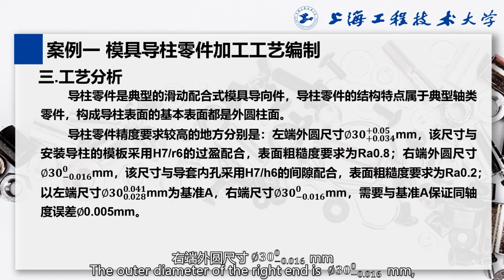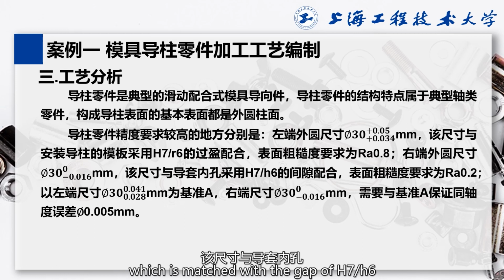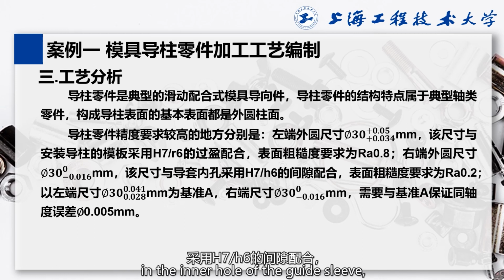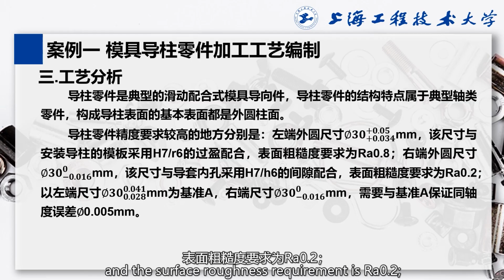The outer diameter of the right end is matched with the gap of H7 or H6 in the inner hole of the guide sleeve, and the surface roughness requirement is Ra 0.2.